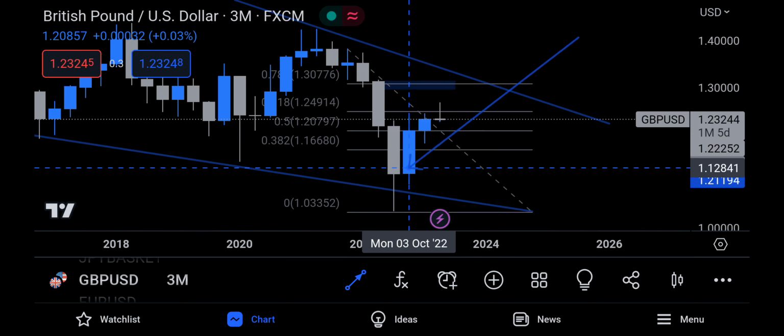Inside this zone, we'll be seeing mixed price action until we get a good rejection of this zone. So far the market is currently reacting to this zone, and we have an imbalance here. This candle here has an imbalance, so there's a possibility of price filling this imbalance before we can continue heading to the downside.